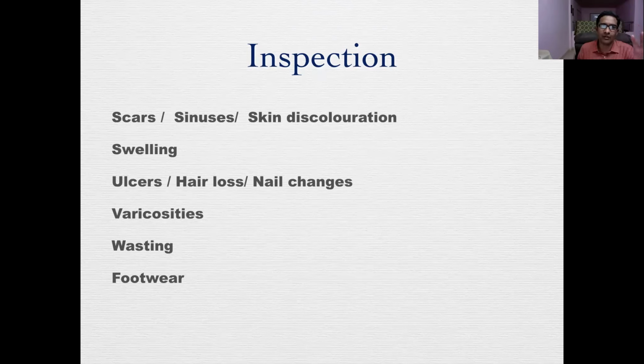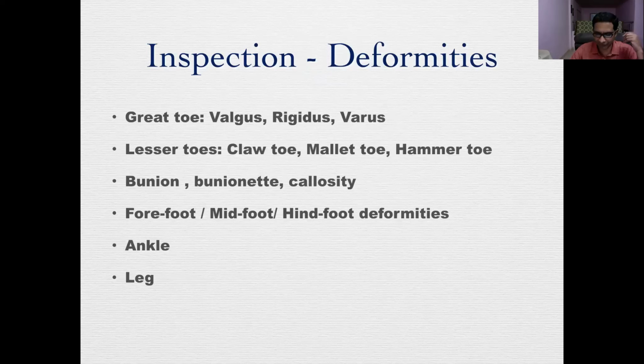This is smaller than the other, these creases are absent, these creases are present, this is the deformity that is seen. That description gives you the marks when describing the club foot. So remember it has to be a continuous and good description of the deformities. Similarly, the presence of varicosity, wasting, and footwear can also be described.